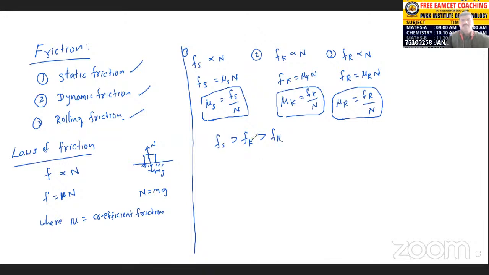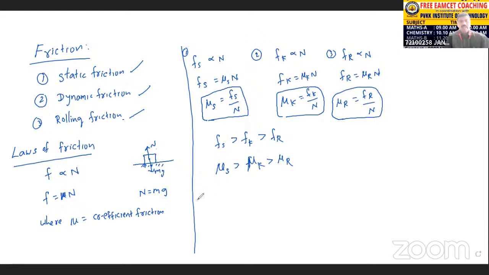Friction is more in static friction compared with kinetic friction, and more in kinetic friction compared with rolling friction. So Fs is greater than Fk is greater than Fr, and mu s is greater than mu k is greater than mu r.